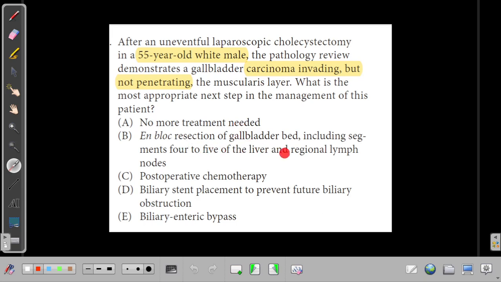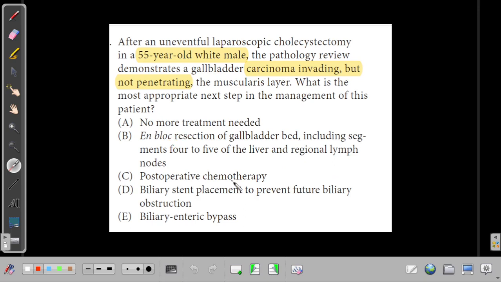En bloc resection of the gallbladder bed, including segments 4 to 5 of the liver, and regional lymph node excision, yes, go for this, because it was found that if you make another trip to the OR to resect the gallbladder bed beside segments 4 and 5 and do lymphadenectomy, this can make the 5-year survival rate for your patient 90% instead of 40%. 40% if you do nothing. If you go again to do this en bloc dissection, the 5-year survival will be 90%.